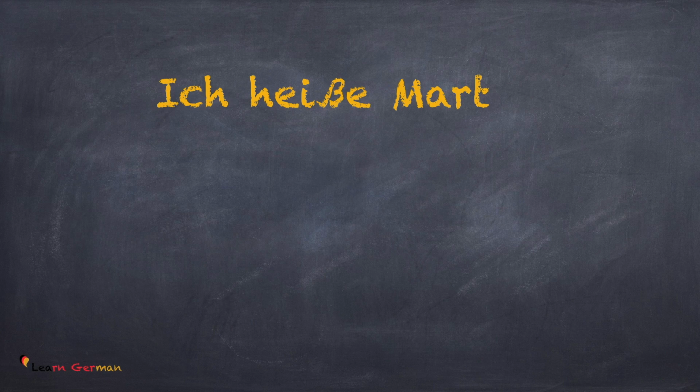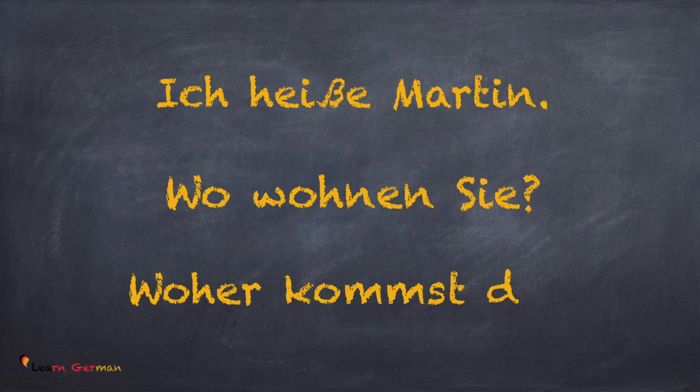So let's begin with three very common sentences you have already learned. Ich heiße Martin. Wo wohnen Sie? Woher kommst du? Now let's pick out the pronouns in each of these sentences. Ich, sie and du.